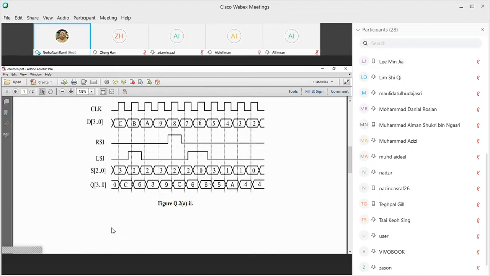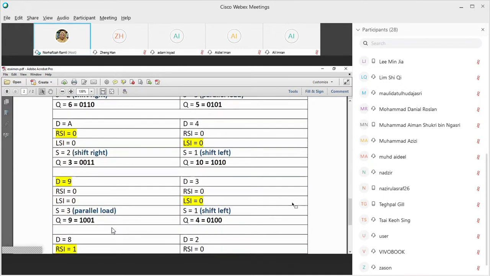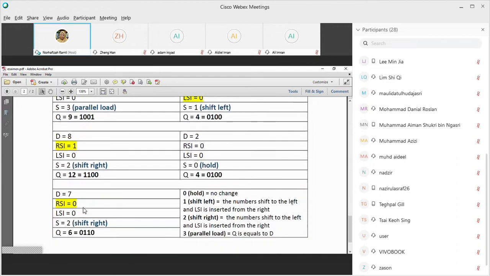Yusril, you have to remember how you recall the status of each S? For example, 3 is load, 2 is shift, shift left or right, 0 is hold. How do you decide on that value? Hmm. You didn't show, right?